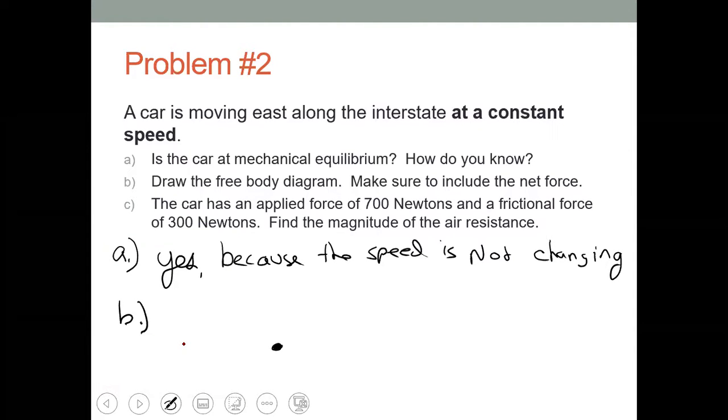We'll start with the obvious one, right? It's a car. It's not flying. So there's probably gravity holding it on the ground. But it's also not falling. It's on the surface. It's on a road. The road is preventing it from falling, right? So we're going to have a normal force that cancels out gravity.